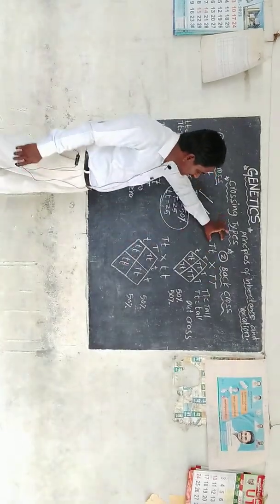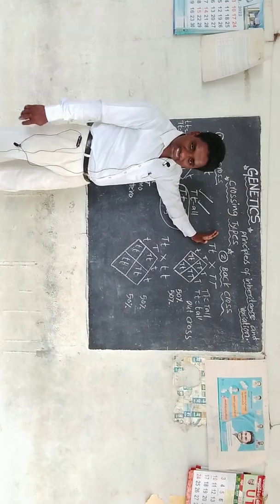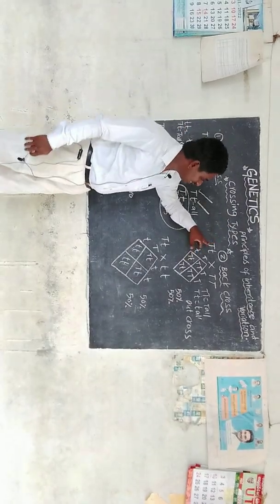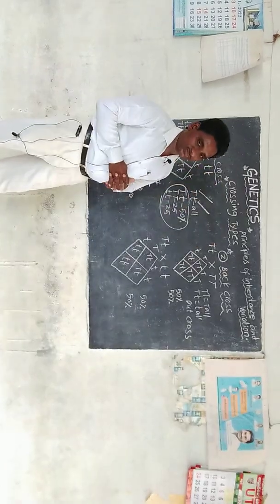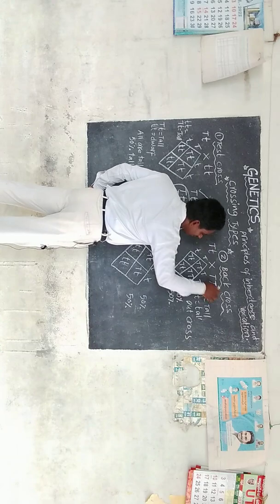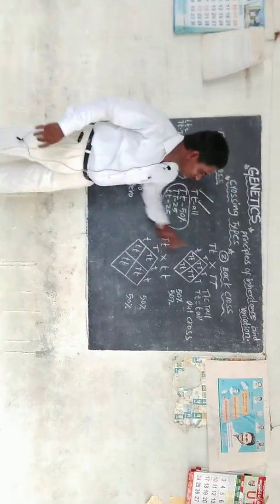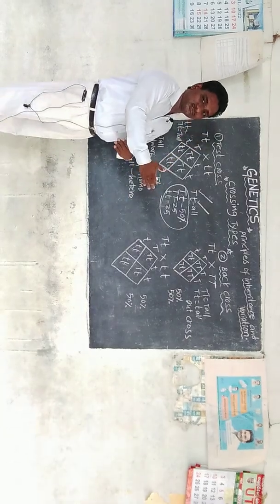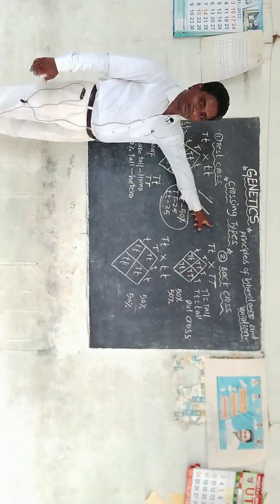The result of the first generation of cross fertilization between true breeding parents is capital T, small t. If you want to transfer the tallness of the plant to the next generation, do the back cross. Back cross means going back and crossing with one of the parental characters.